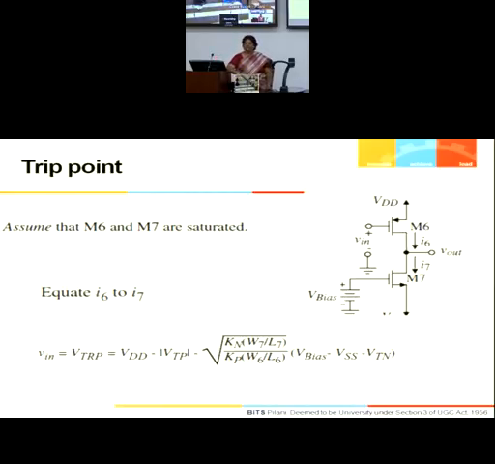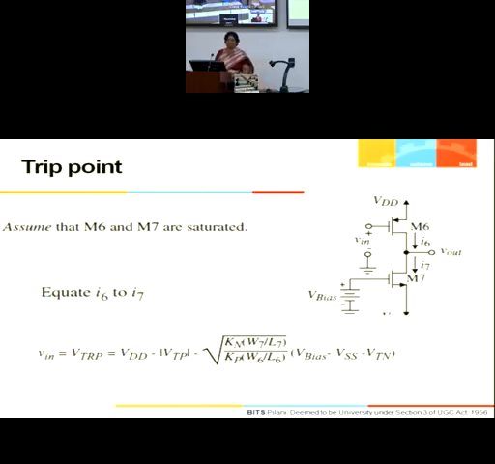Here we are treating it like an amplifier, but in digital it is working like an inverter. So when input is going high, output is going low, there is a specific point of input at which we say that output will change its state. We call that voltage a switching threshold. Here we call it a trip point. What is that input at which the output will trip?